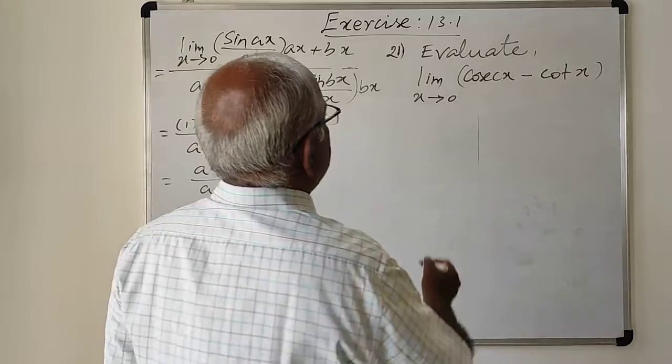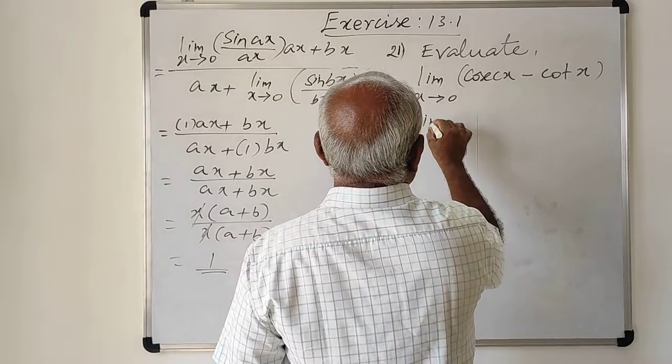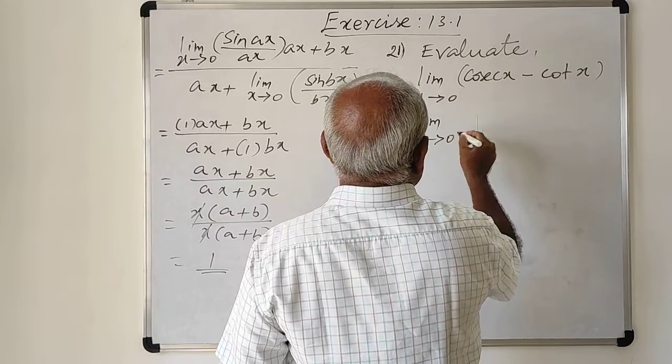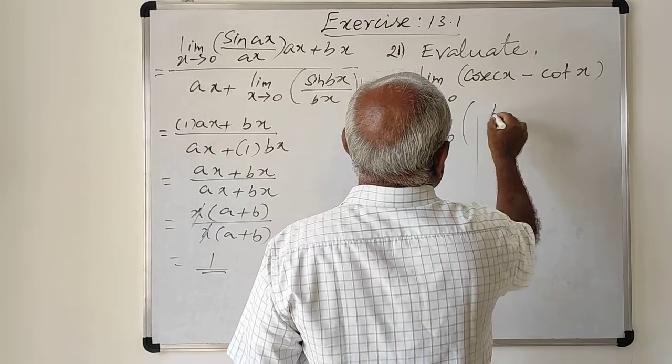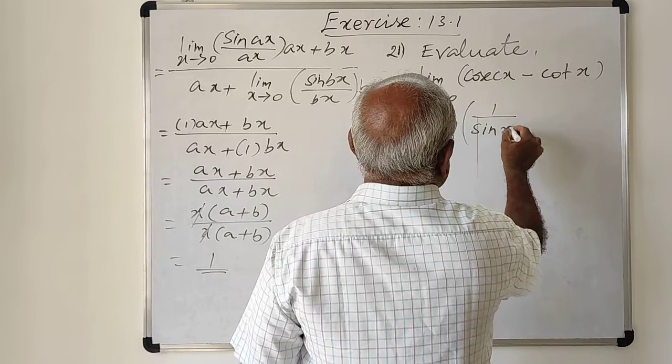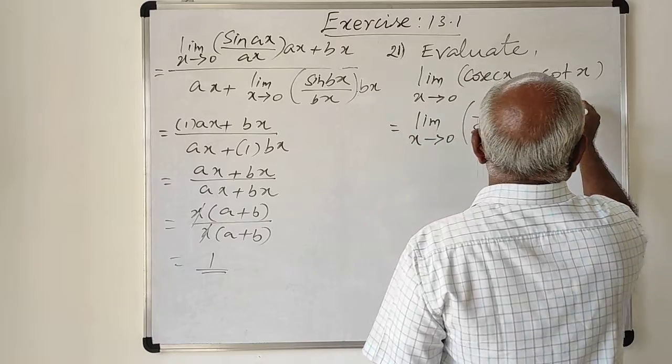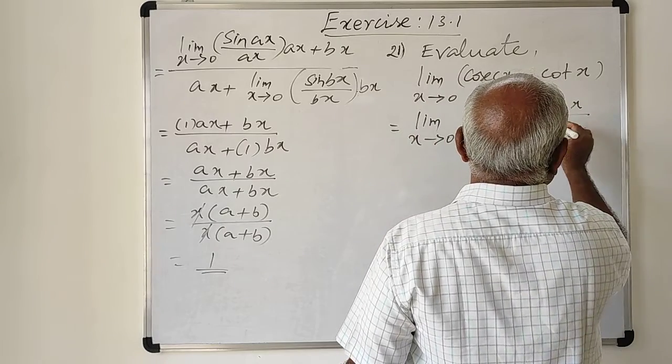Before applying the limit, you rewrite the problem: limit x tends to 0 of cosecant x is 1 by sin x, minus cot x is cos x by sin x.